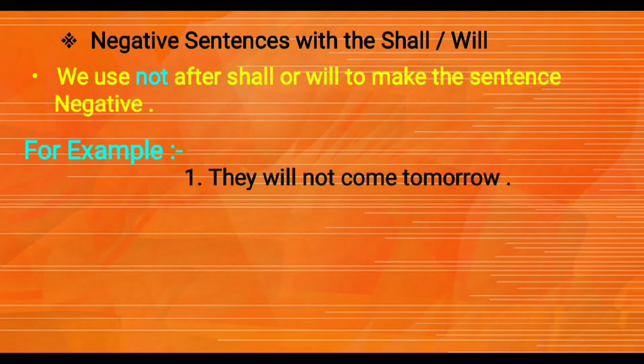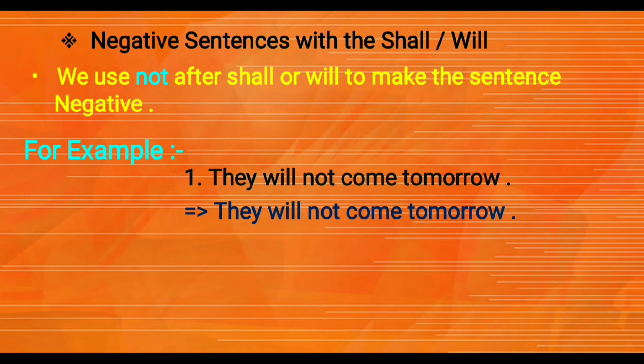They will not come tomorrow. Here what will be the main verb? They will not come tomorrow. What will be the positive sentence? They will come tomorrow, and the answer will be they will not come tomorrow.